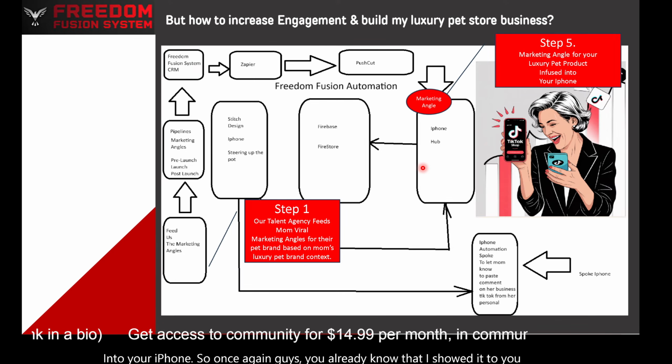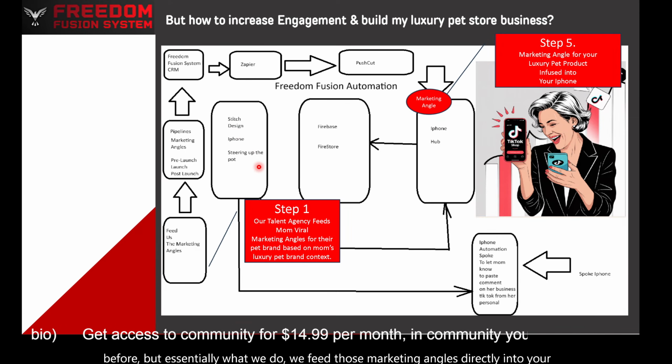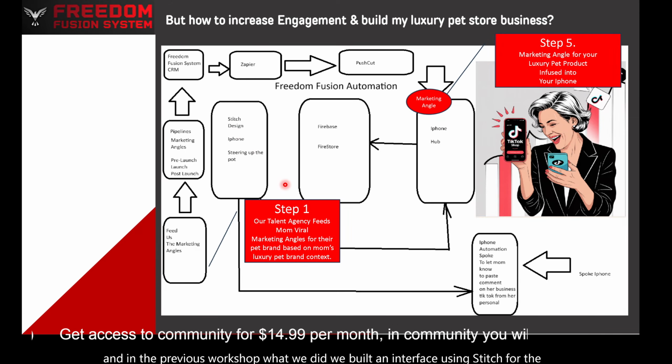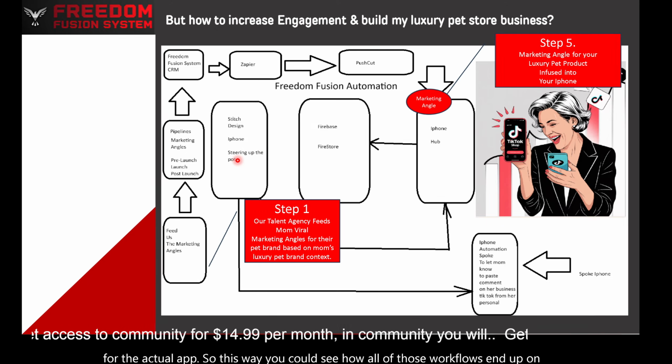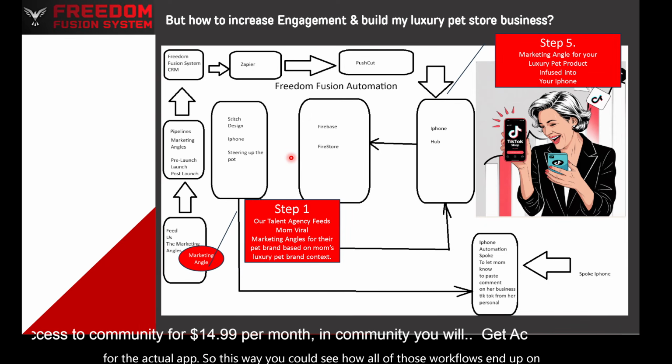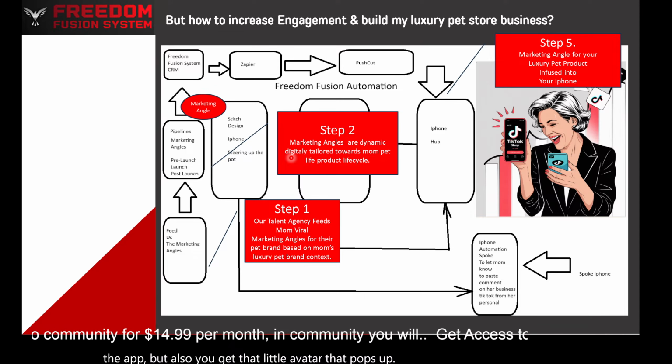In the previous workshop, we built the interface using Stitch for the actual app, so you could see how all of those workflows end up on the app, and you also get the little avatar that pops up, talks to you and guides you through the whole process.